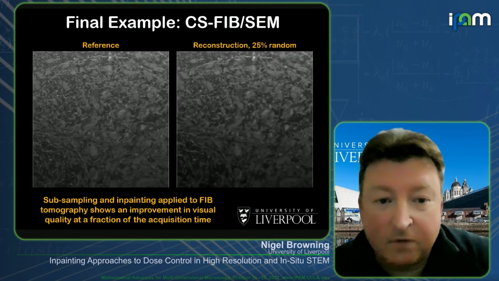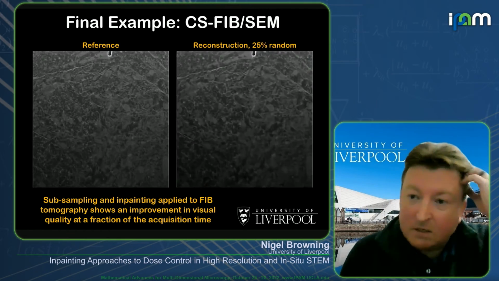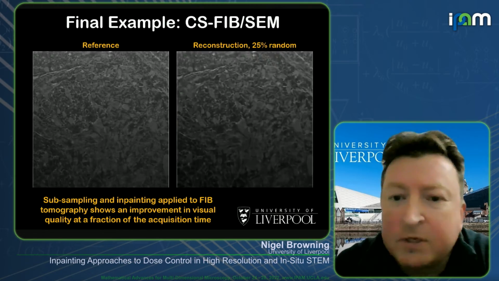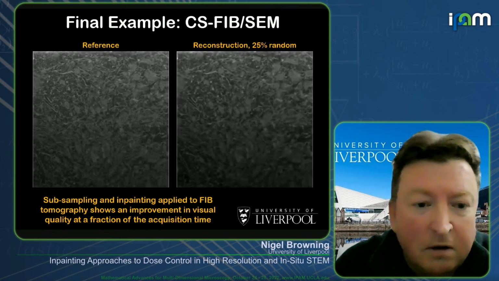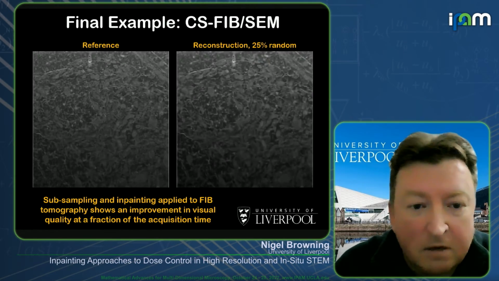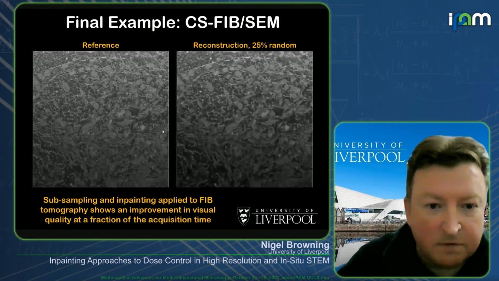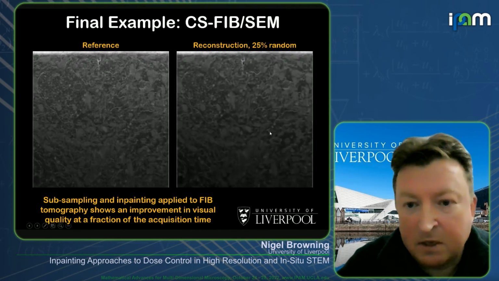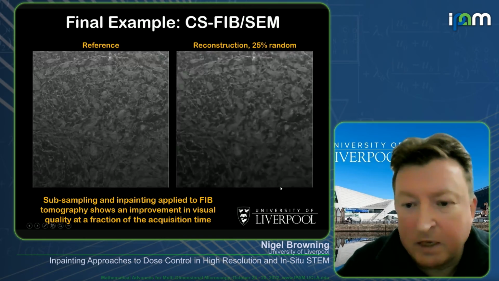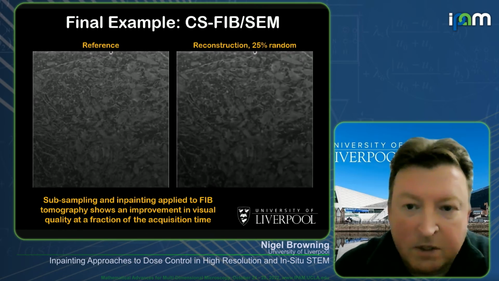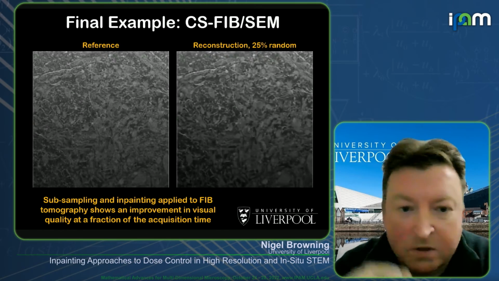As a final example of doing this, one of the things that I said at the start is we also want to affect our ability to do specimen preparation. So here is a cryo-fib slice and view of a biological specimen. This is the full image on the left-hand side. This is the reconstructed image on the right-hand side. In this case, it was only 25% of the data, so it wasn't really trying to push the limits of the resolution.